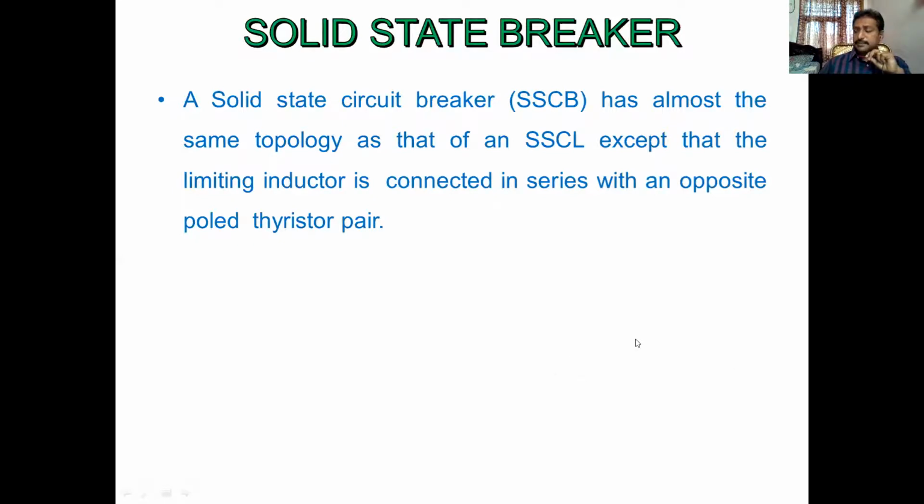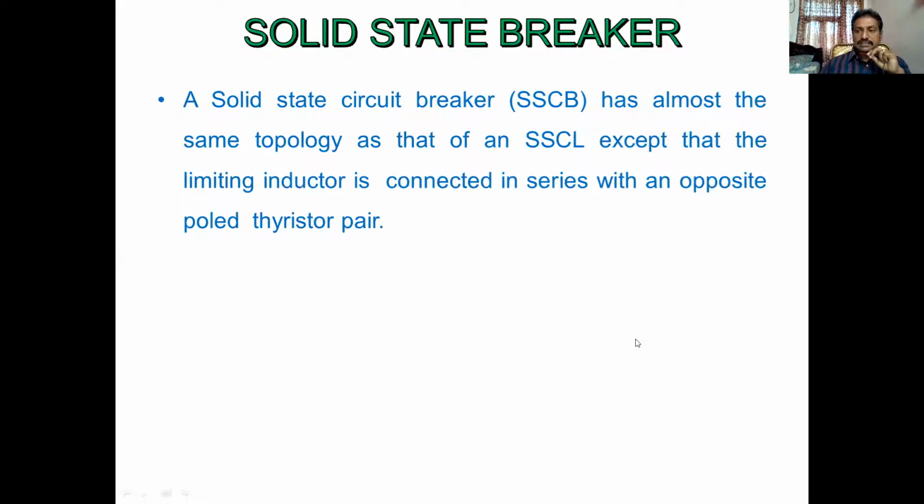From the construction point of view, the solid state breaker is almost similar to the solid state current limiter, SSCL, except that the limiting inductor is connected in series with an opposite pole thyristor pair. I will show that in a pictorial diagram also.